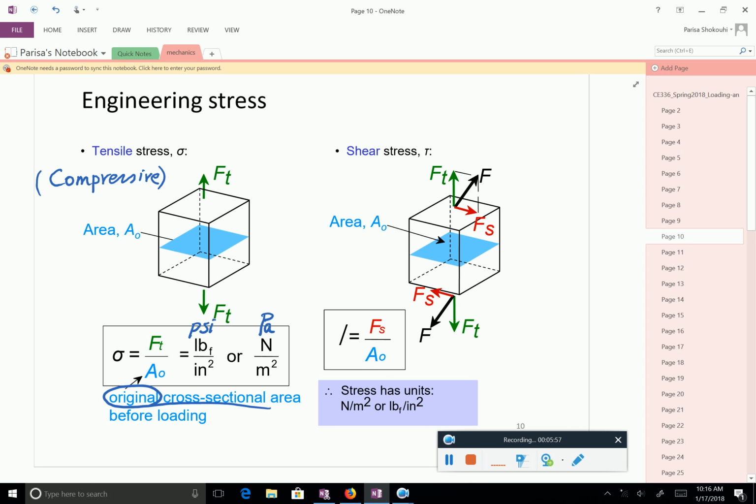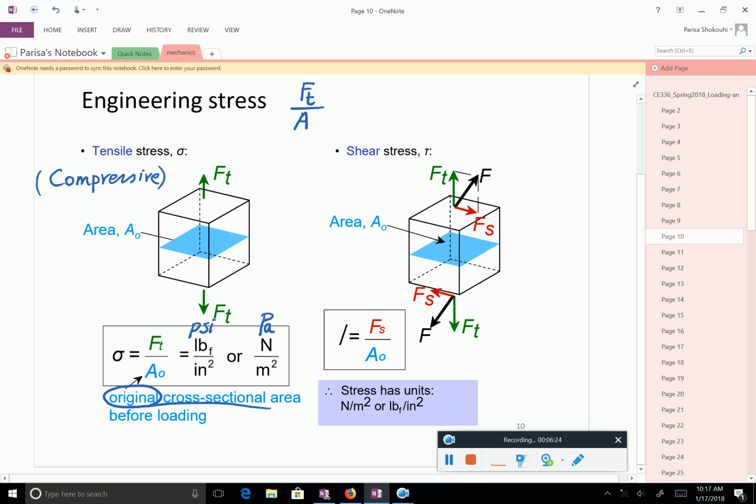If we wanted to define a stress, we would just divide the force here by the area. What is the difference? Because, for example, when you apply tension, the area gradually becomes smaller. So as you apply more force at every instant of time, this area is not equal to what it was originally.